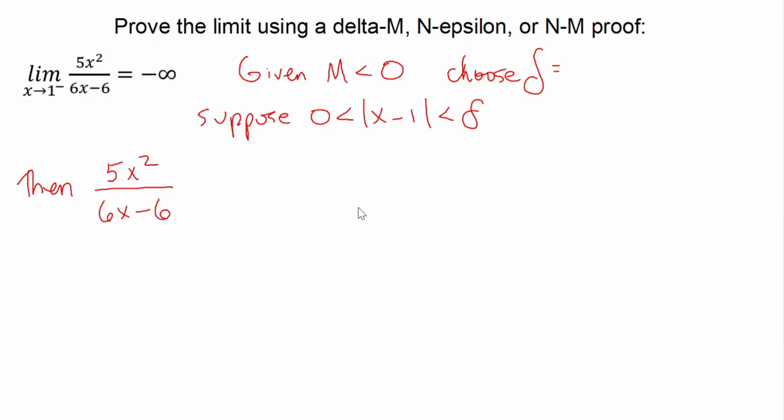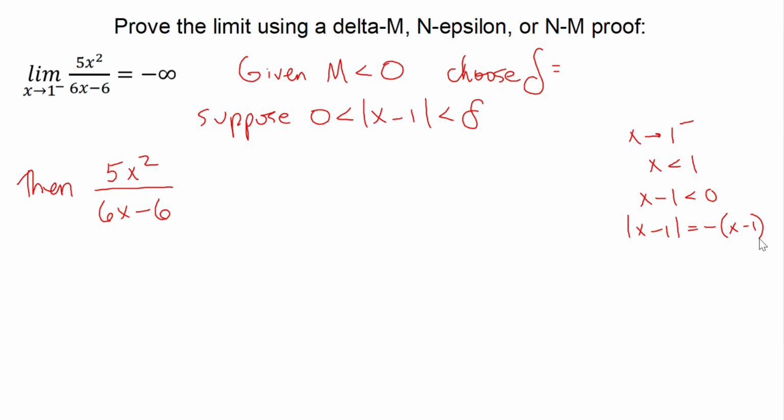So we'll do the same beginning of the side work that we've done with all the previous ones here. We'll say that since x is approaching 1 from the left, x must be less than 1, which means that x minus 1 is less than 0, which means that the absolute value of x minus 1 is actually equal to the opposite of x minus 1 this time, because when you take the absolute value of a negative thing, you take the opposite of it.